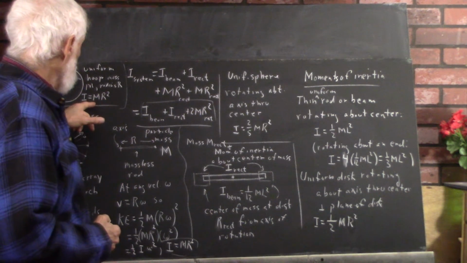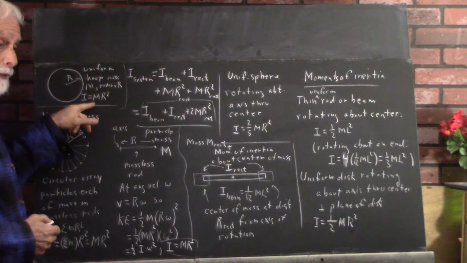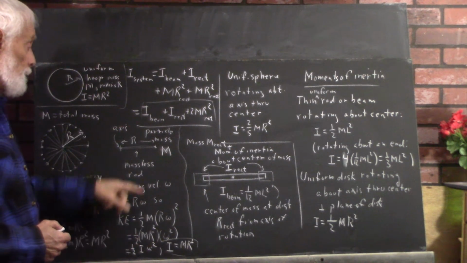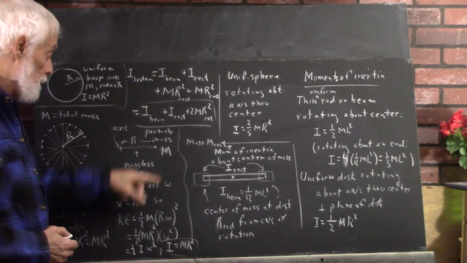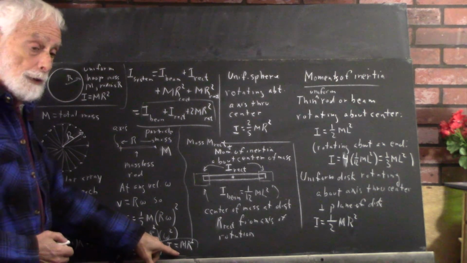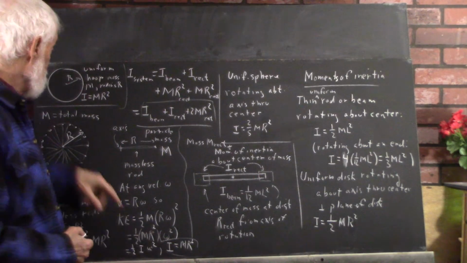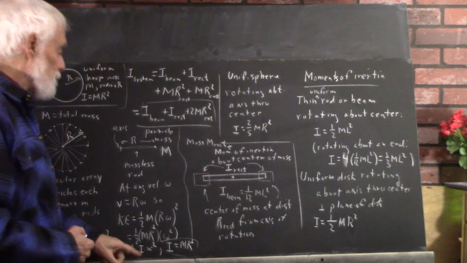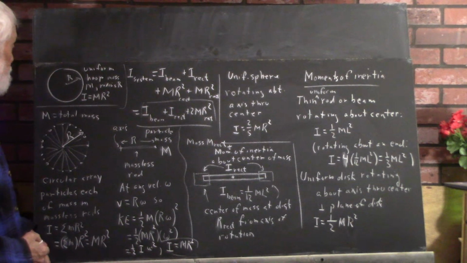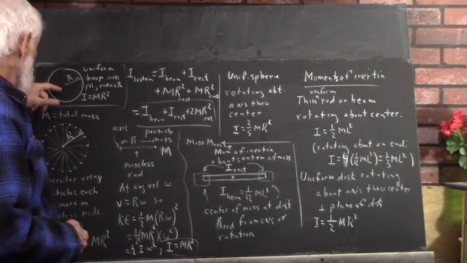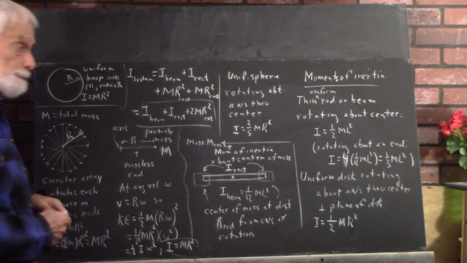Okay, so here's another formula for moment of inertia. It's just common sense that comes out of this simple development. For a single particle at radius r, this is going to be your moment of inertia. So for any collection of particles, all at radius r, it's going to be the same, where big M is the total mass of all the particles. And that's especially true of a hoop.